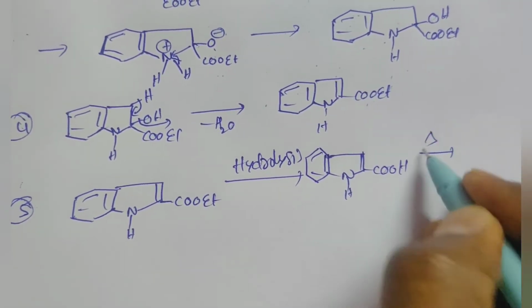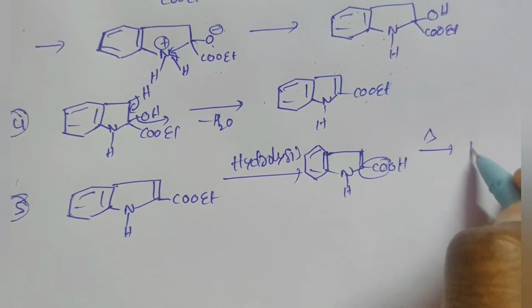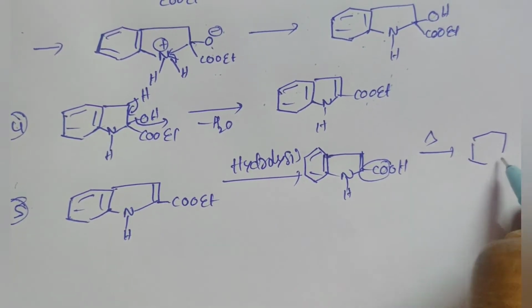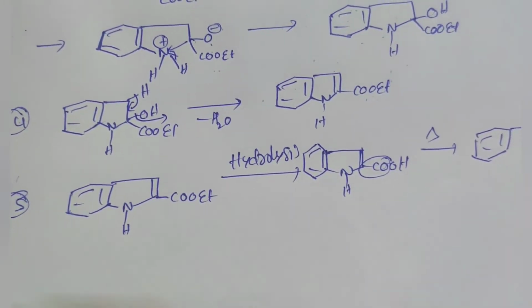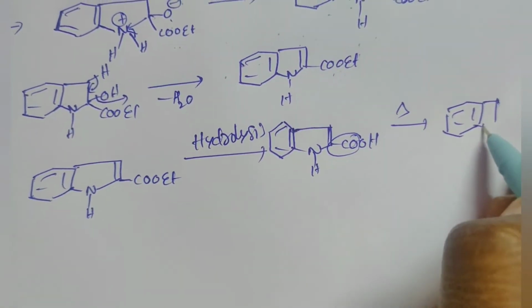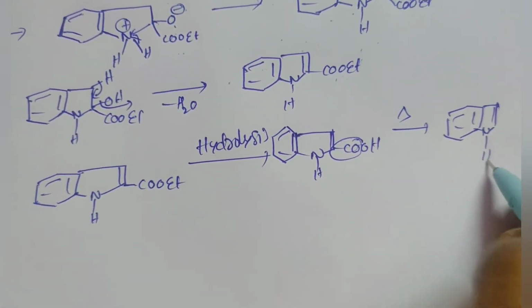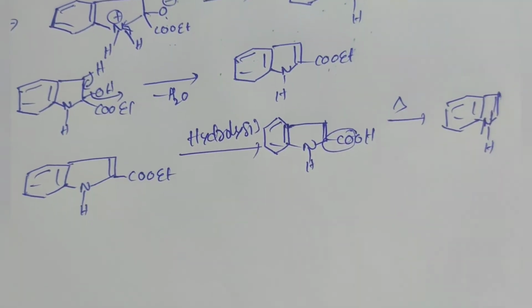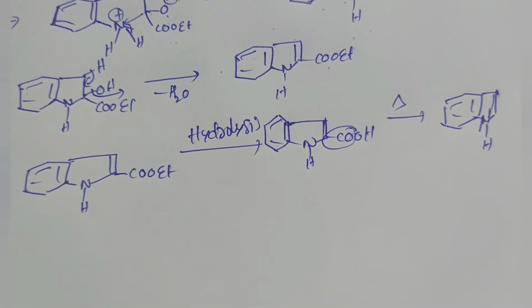And on heating, this CO2 goes outside and we get the indole like this. So this is all about the Reissert synthesis.